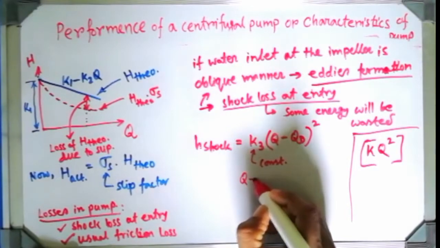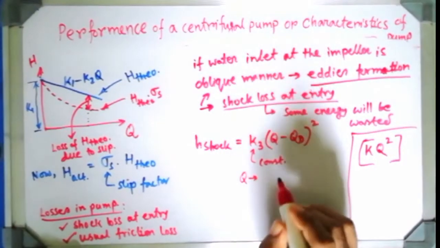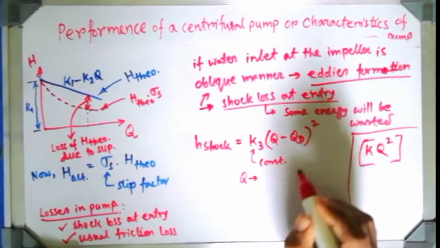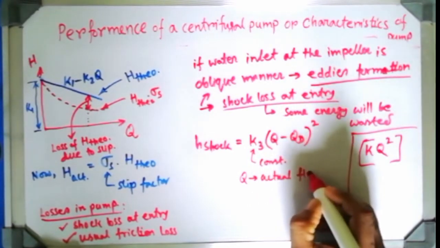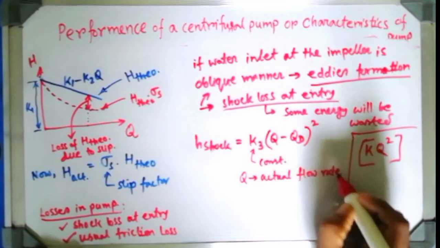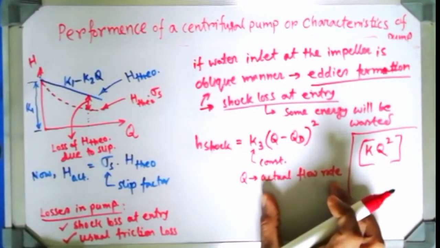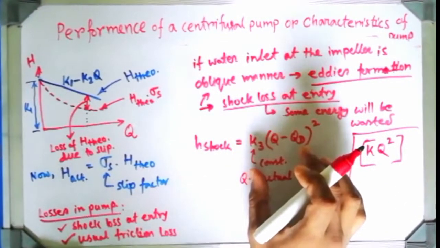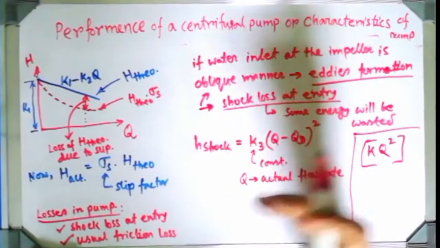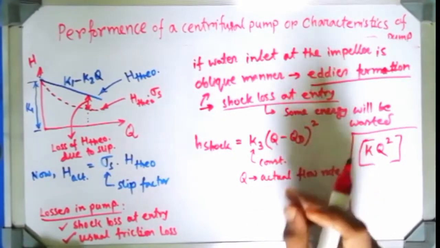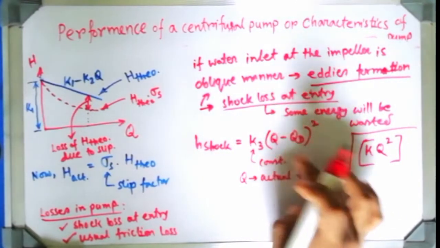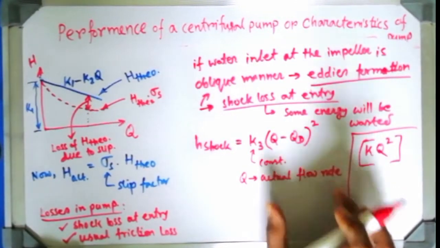What is Q? Q is the flow rate at working condition, so we can say the actual flow rate. While the actual flow rate is occurring, there is the shock loss I have already considered. So due to shock loss, obviously some Q will be wasted. So Q is the actual flow rate while shock loss is there.